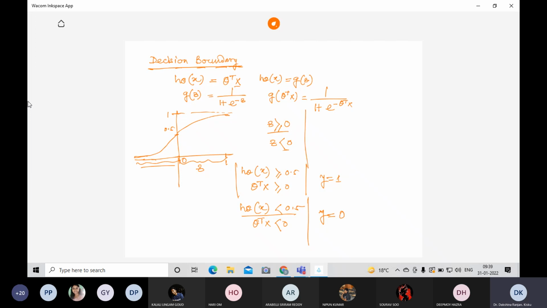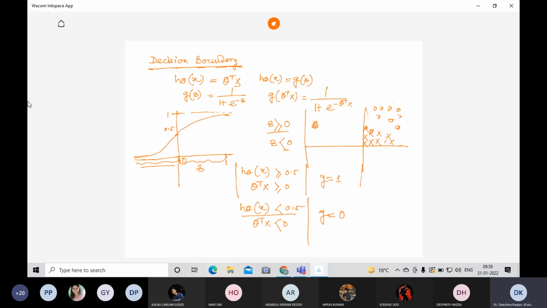Now let us consider that we are trying to estimate the class labels of some data points. These are the data points which have been plotted in xy coordinates. I don't know what the class labels of these data points are.